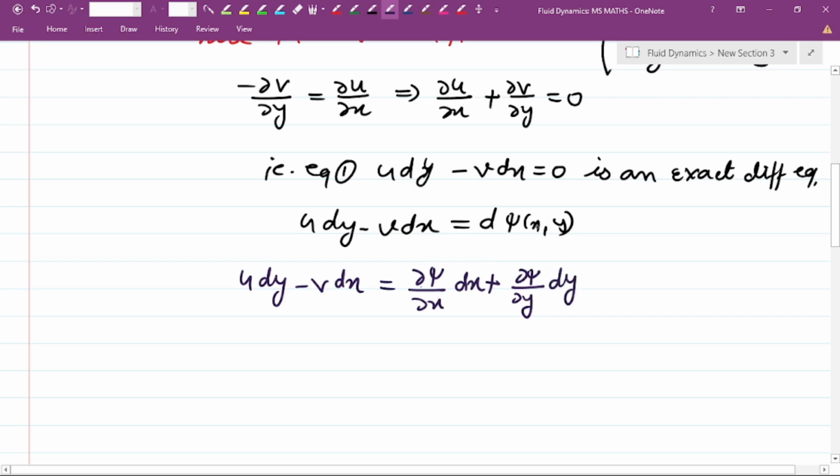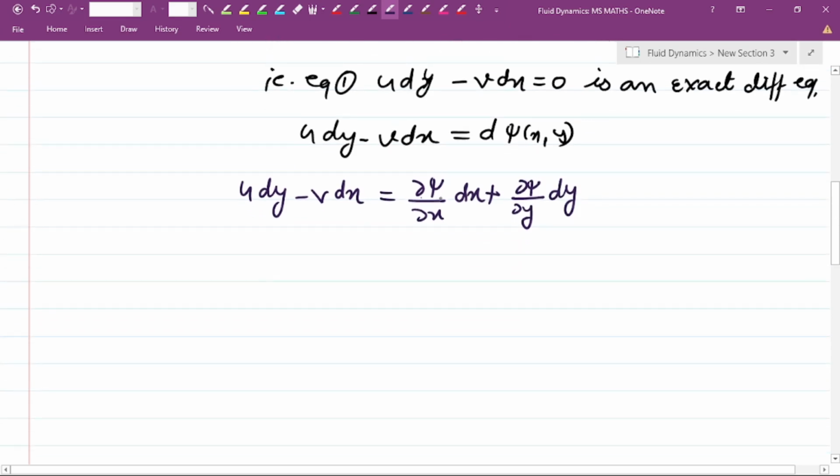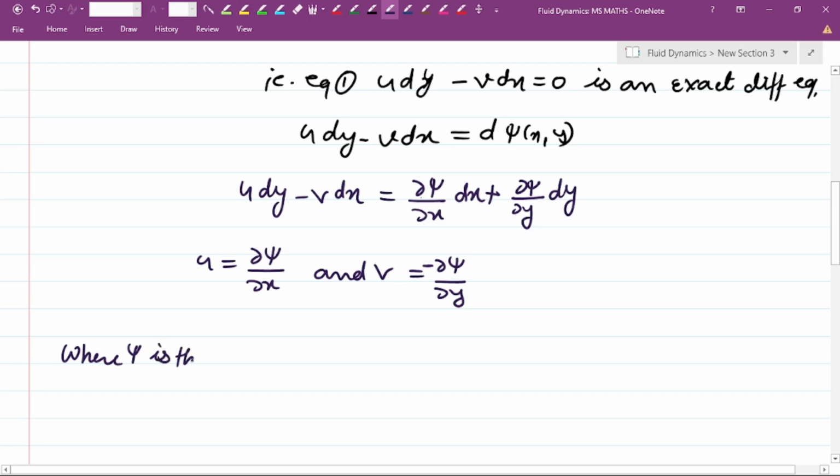On comparing both sides, we get u is basically dou psi by dou y and v is basically minus dou psi by dou x. Psi is called the stream function.